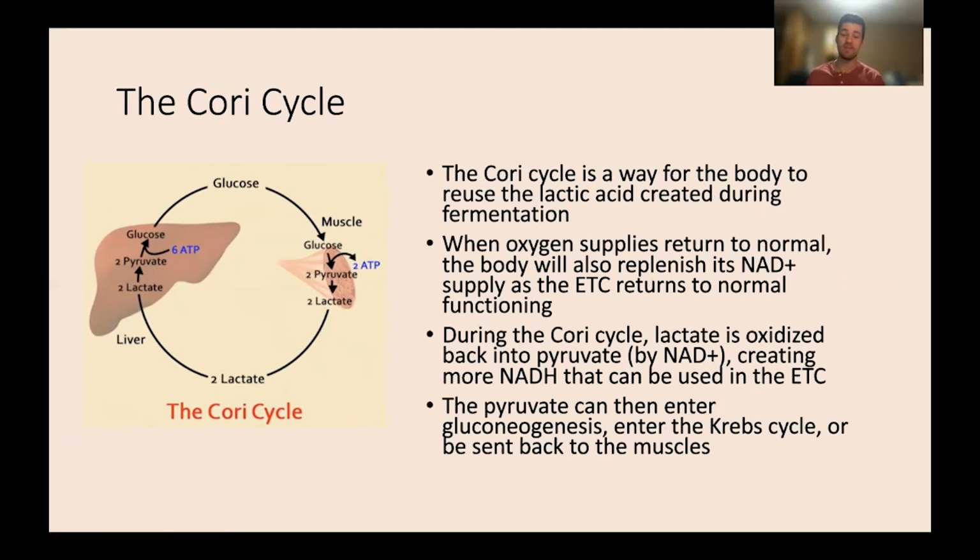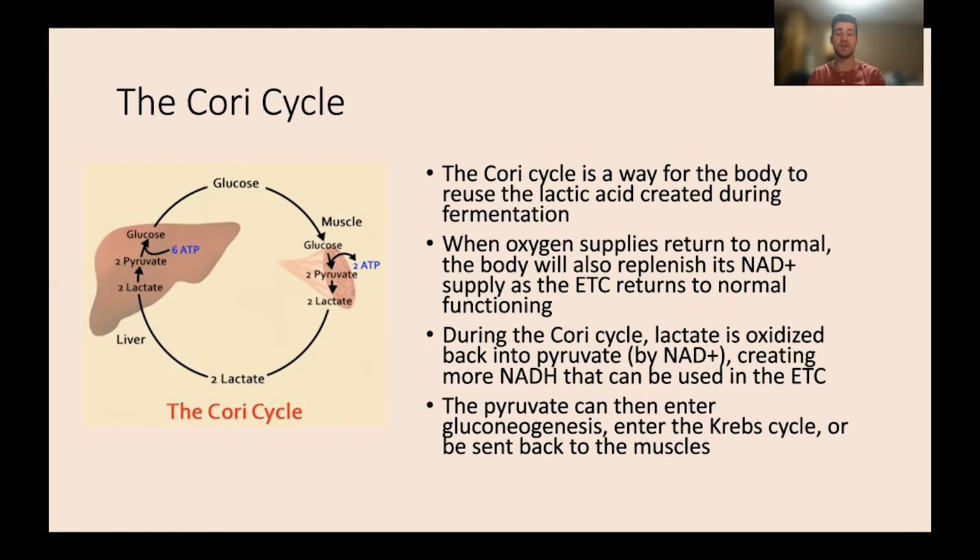If the electron transport chain is working regularly, then it's a good thing that we're trying to produce more NADH. So we're taking those electrons away from lactate and putting them on NAD+, so we now have pyruvate and NADH, which are two useful molecules, and we can use those for the electron transport chain. The pyruvate can enter gluconeogenesis and turn into glucose again.